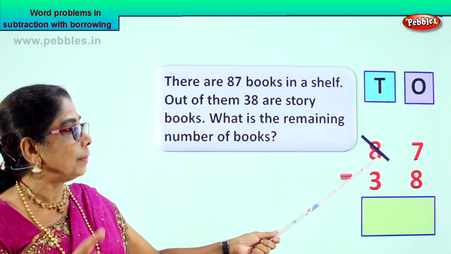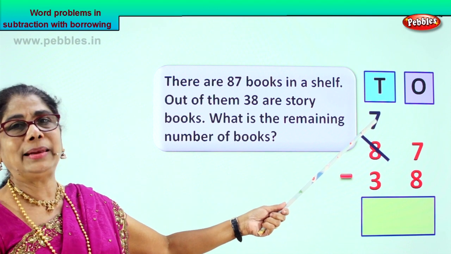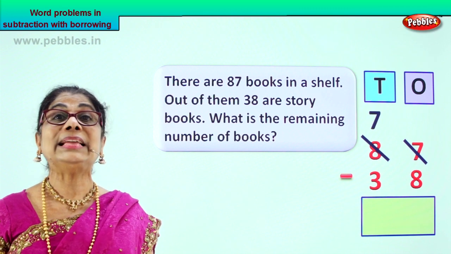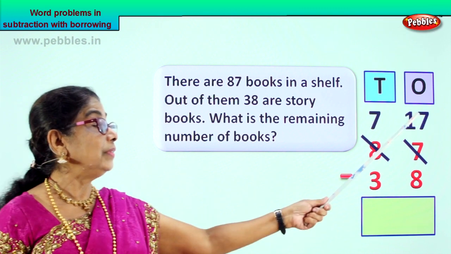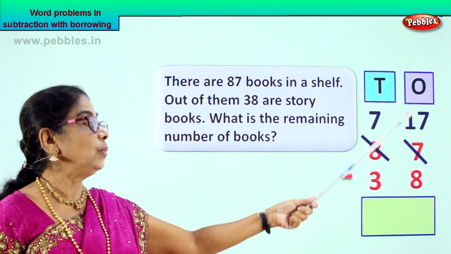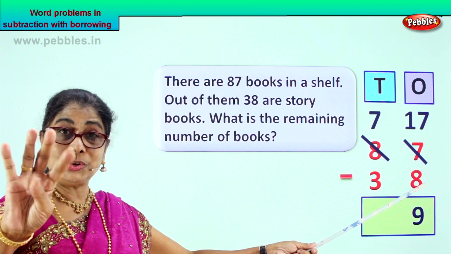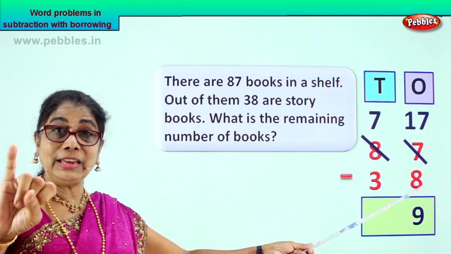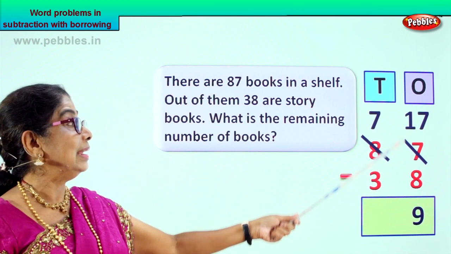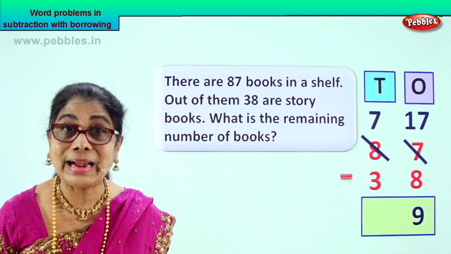So, 8 tens minus 1 ten is 7 balance. The 1 ten when we take it here, 10 plus 7 is 17. 17 minus 8. 17 ones minus 8. 8, 9, 10, 11, 12, 13, 14, 15, 16, 17 is 9. 17 ones minus 8 ones is 9 ones.